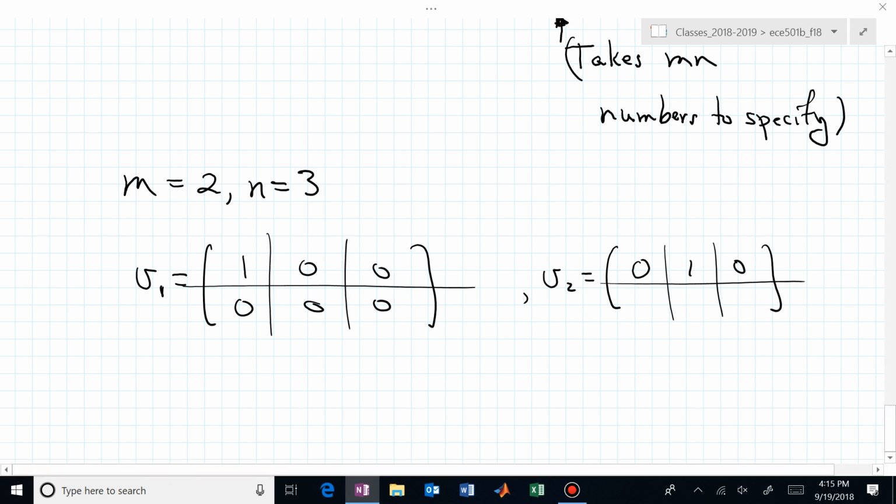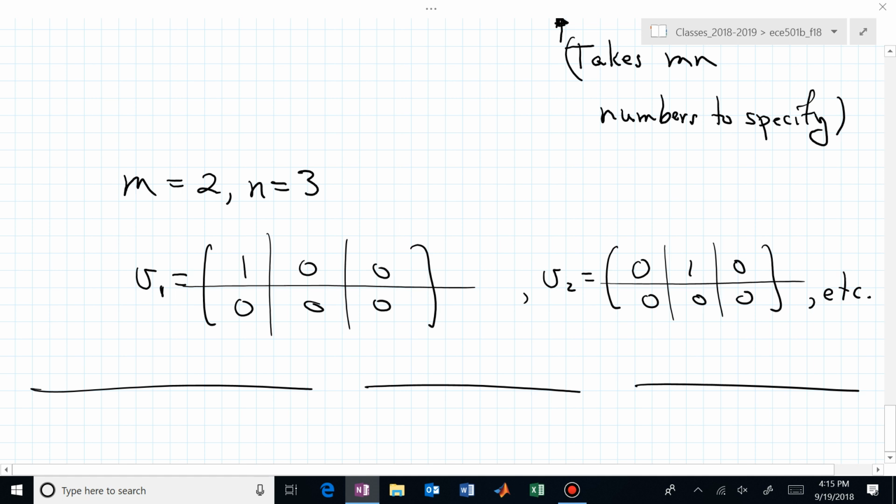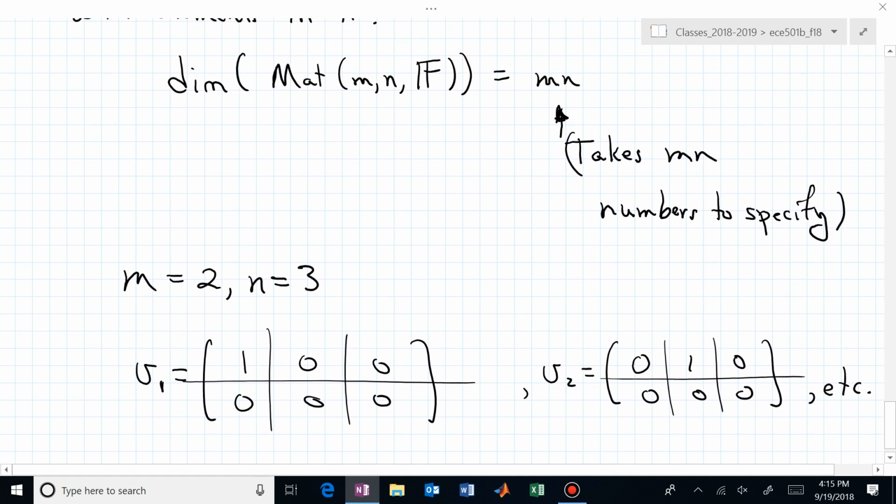Maybe v2 is like that. And now you can see that for this 2 by 3 matrix we could have a set of basis vectors, let's say this standard basis that has 6 vectors. Each of these is a vector, and we're using each of those to be a basis vector. So this we could just say etc. for representing an element or a vector in this particular vector space, Mat M, N, F.